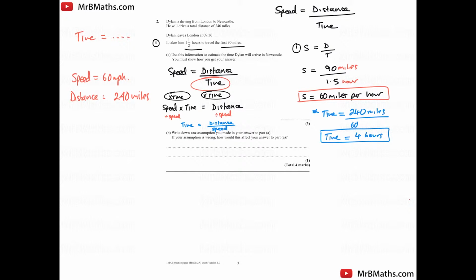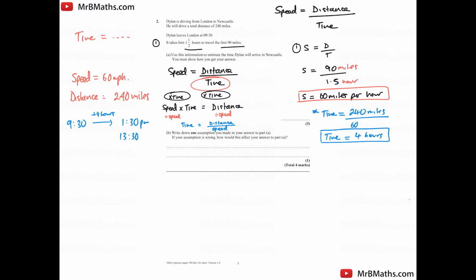Okay, so if we got 4 hours, if he leaves at 9:30, we need to add 4 hours onto that, which will give us a time of 1:30. So either 1:30 p.m. or 13:30.